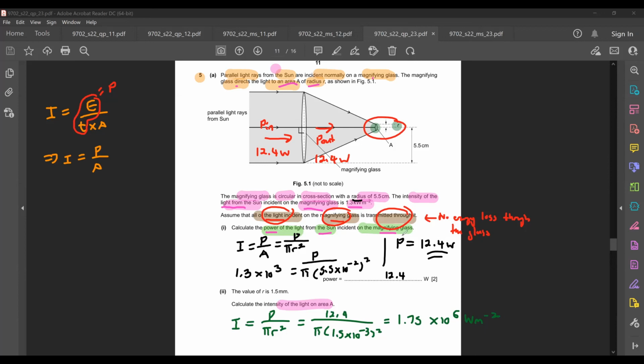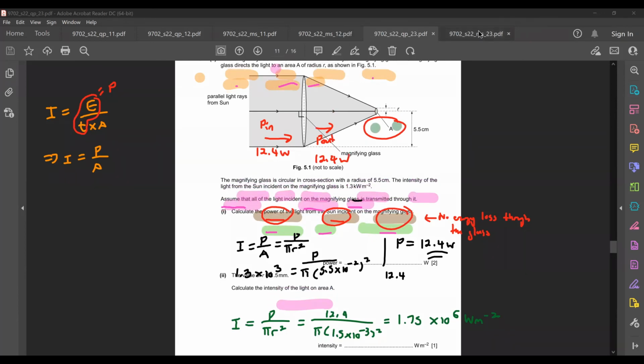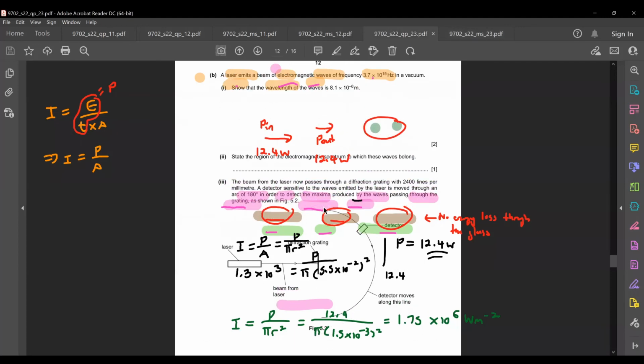Sorry, 1.75 times 10 power 6 watts per meter square. Is this the answer? Yeah, you're going to get the answer as 1.7 times 10 power 6 watts per meter square. Again, they round it up to 2 SF. So this one, no issue. Okay, then next one.